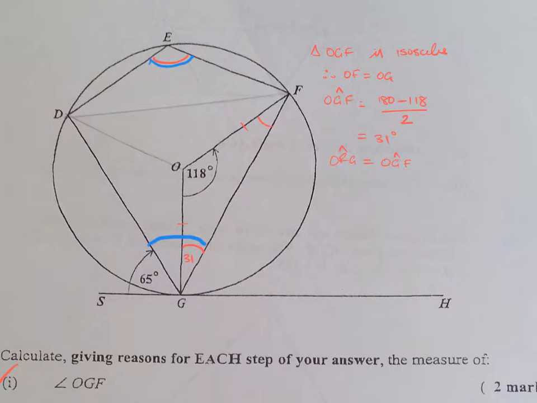Well, a few things I need to mention. I will do this in blue. I'm going to say, oh, this is part 2 now. I'm going to say DEFG is a cyclic quadrilateral, which therefore means that DEF plus DGF is equal to 180 degrees.